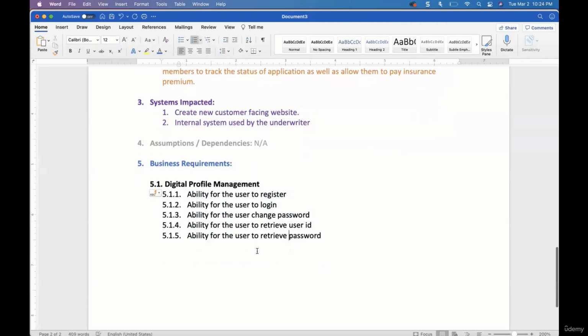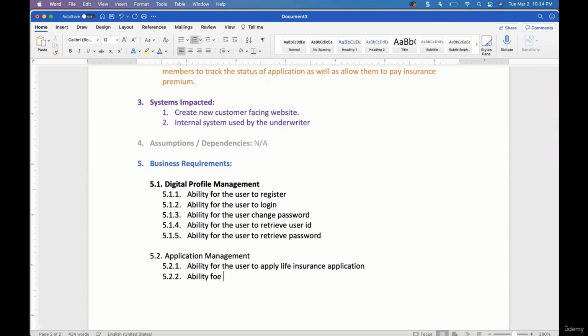All right, so are you understanding what I'm doing here, writing the business requirements? So 5.1 is profile management, where the customers can just register and everything else. Then application management. So ability for the user to apply for a life insurance application.